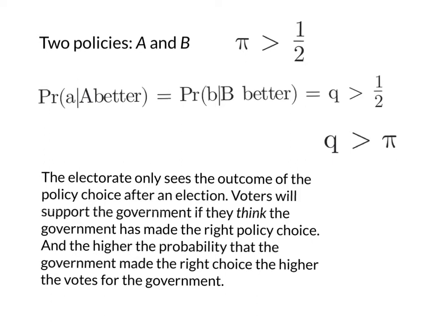But if they think that the government has definitely made the right choice, say a 90% chance, they'll strongly support the government. Of course, if they think the government's made the wrong policy choice, or in other words, the probability that they've made the right choice is less than 50%, then less than 50% will vote for the government, and the government will be more likely to lose.